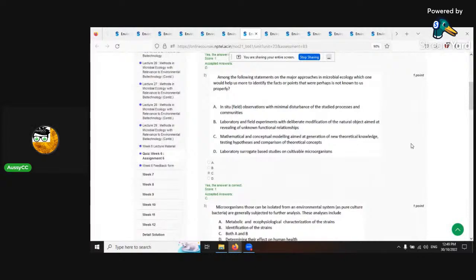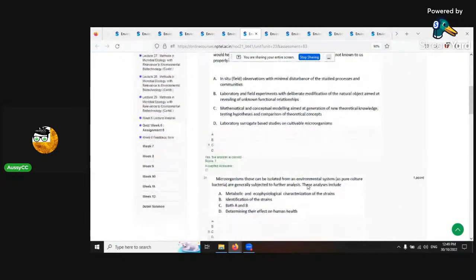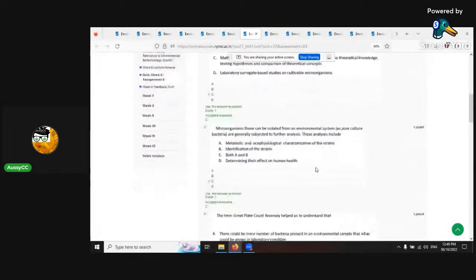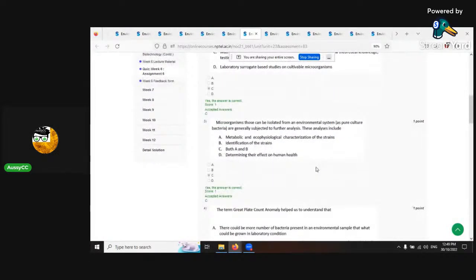Bacteria are generally subject to further analysis. These analyses include the term great plate count anomaly, which helps us understand there could be more bacteria present in an environment sample.